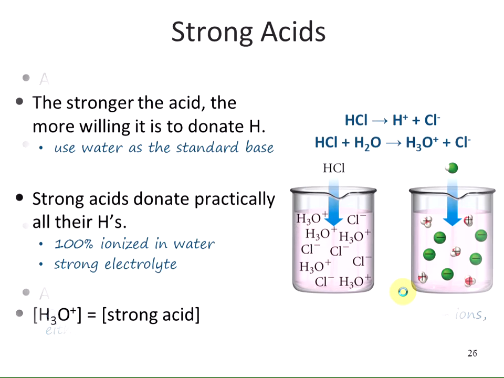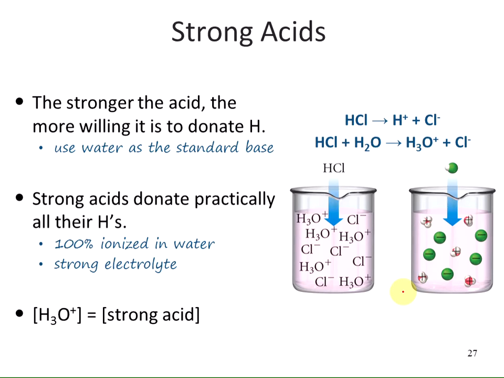So going back to the strong acids, the stronger the acid, the more willing it is to give up its proton. And we'll use water as the standard base. So here we have HCl dissolved in water. Strong acids donate practically all of their hydrogen ions, all of their H+, their protons. 100% is ionized in water because it's a strong electrolyte, it completely breaks up.